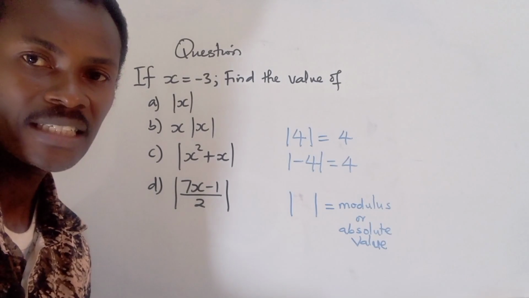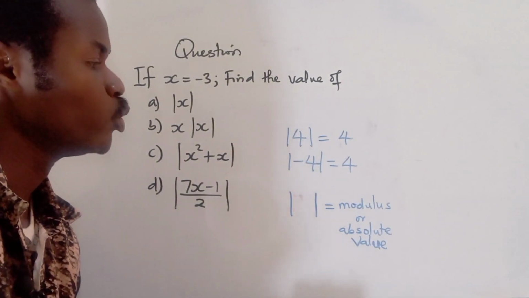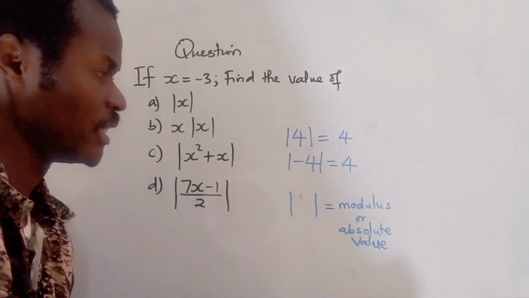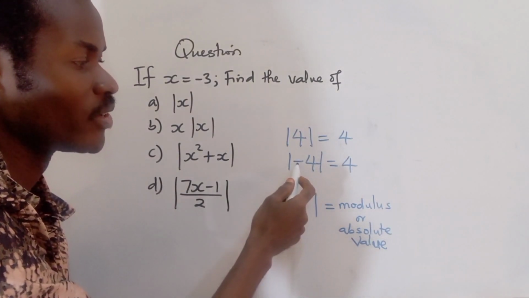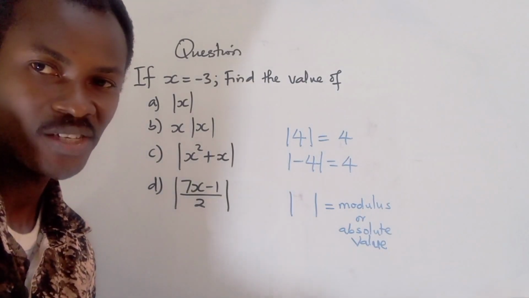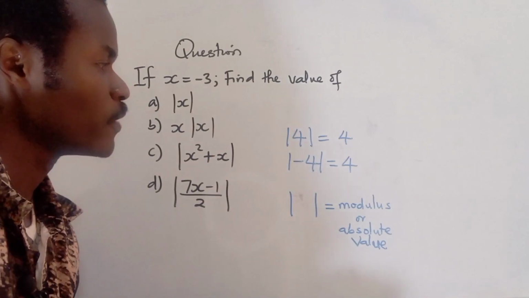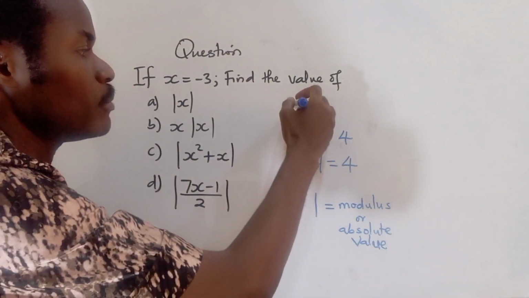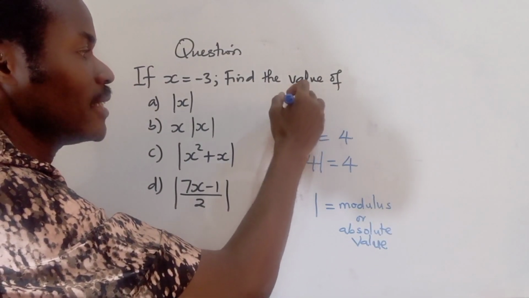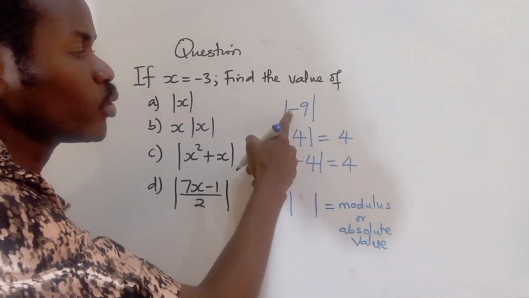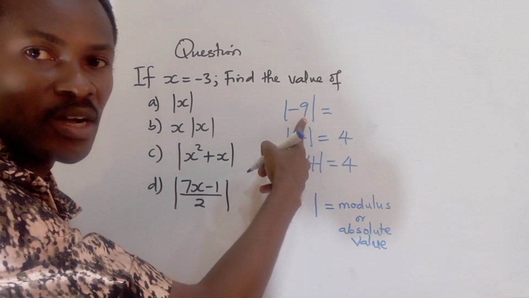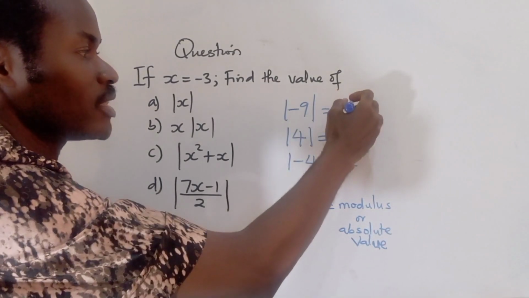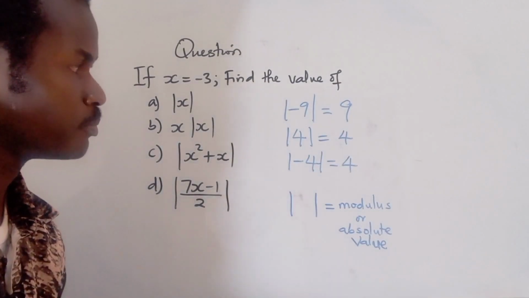So in modulus, you want to take the value of the number, ignoring its sign. So if we say modulus of minus 9, it means I want to ignore the sign and take the actual value here, which is just 9.